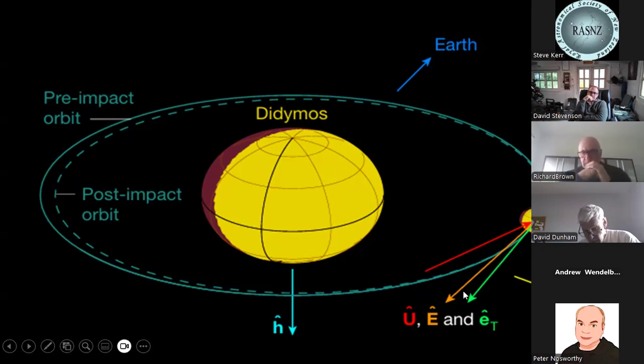If that ejecta comes out here, but stays within the gravitational boundaries, then that has no effect on it. But if that ejecta leaves the system, it has the effect of increasing the momentum that's added to the asteroid, the body.